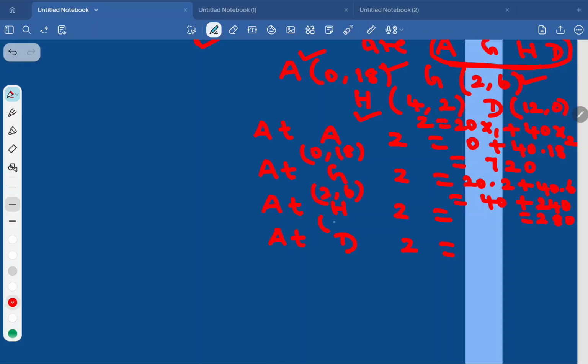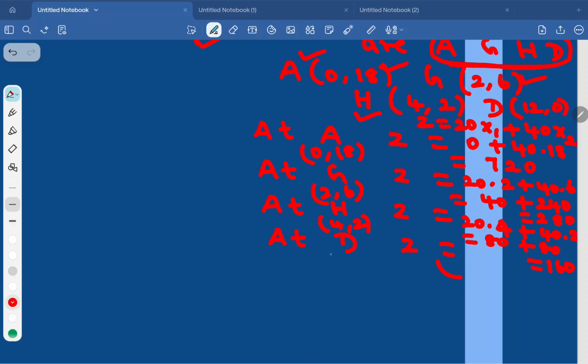At H (4, 2): 20 into 4 plus 40 into 2, 80 plus 80, 160.